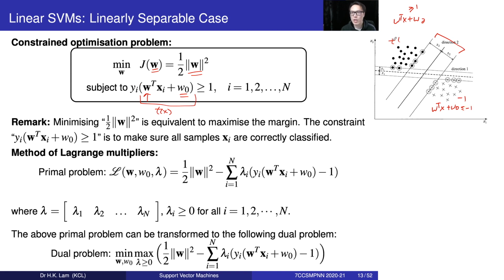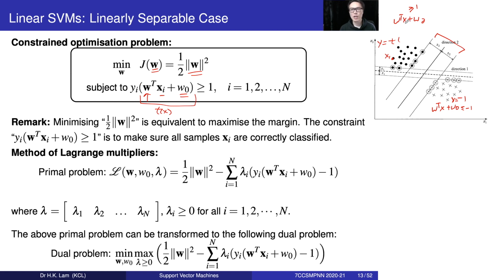And now, because the label y here is +1, and y here is -1, I omit the i right here. The i means that we are going to specify which sample we are talking about. For example, this is x1, so xi would be this sample.